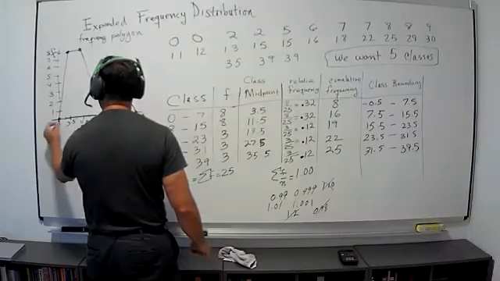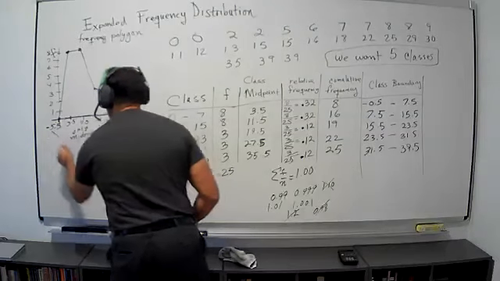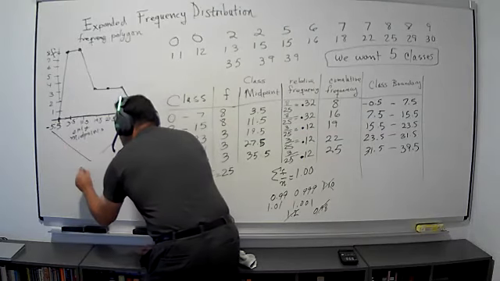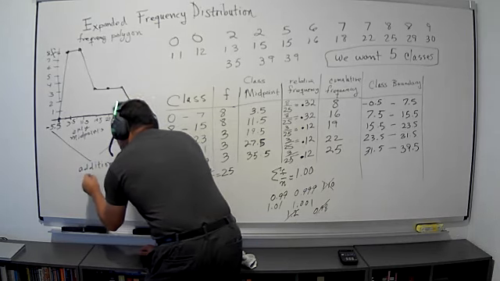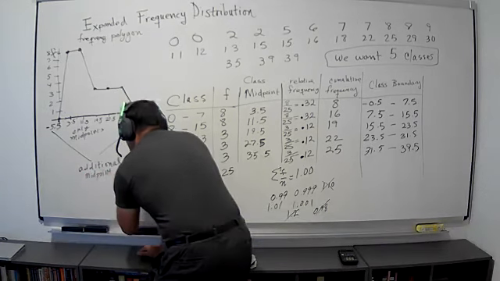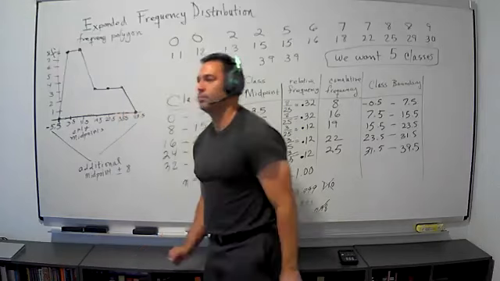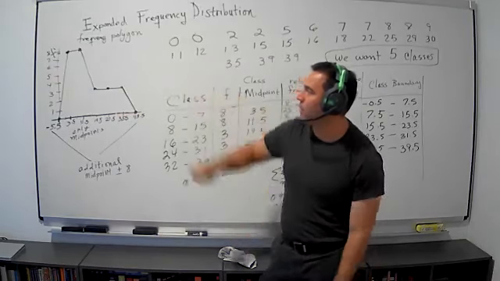Negative 5.5. By creating those additional midpoints, by adding and subtracting 8, that's the key to doing a frequency polygon.